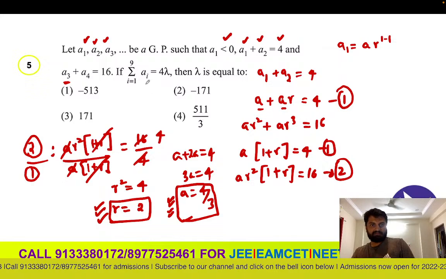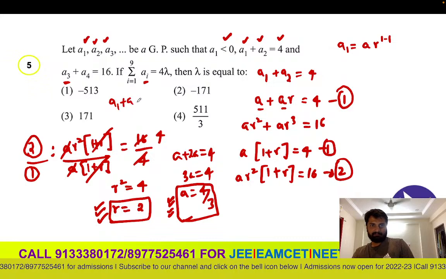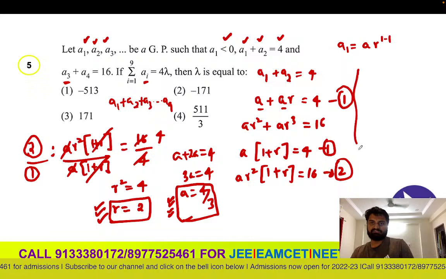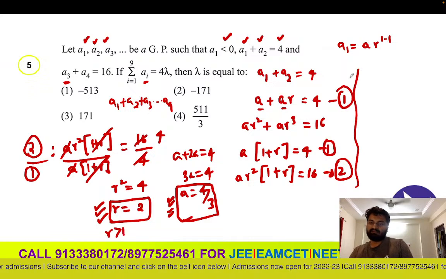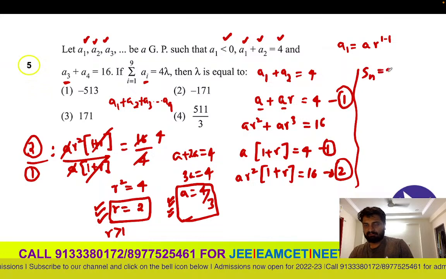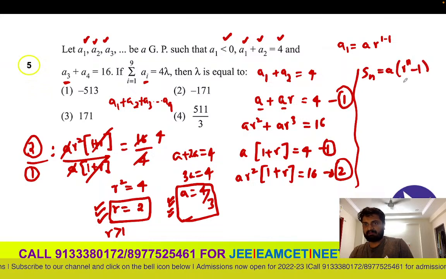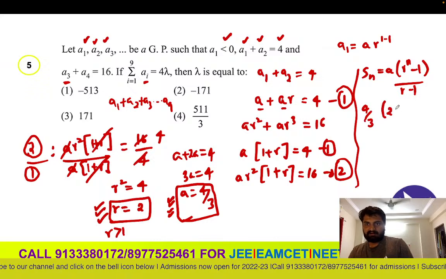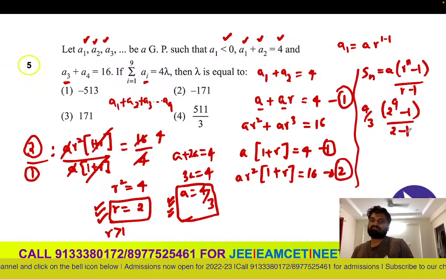Now they are asking the sum for i equal to 1 to 9, that means a1 plus a2 plus a3 up to a9. So it is the sum to n terms in a GP. Again I'll use the same formula, Sn equals a into r power n minus 1 by r minus 1. a is 4 by 3, r is 2, so 2 power 9 minus 1 by 2 minus 1.